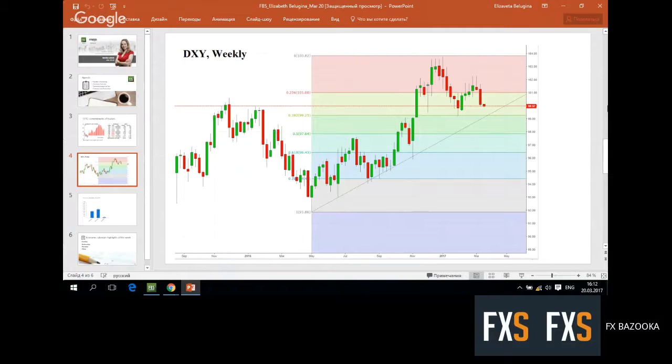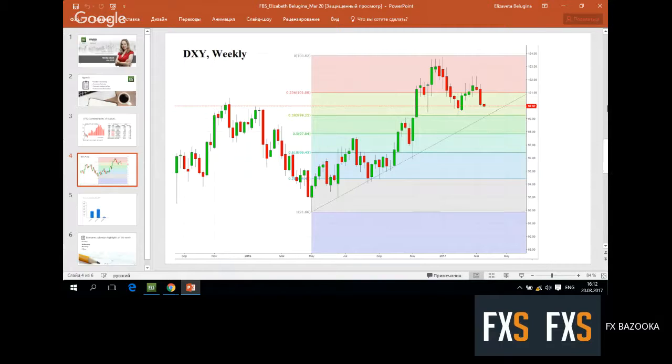I think that the speeches of the FOMC officials, which I have mentioned, will likely provide some support for the US dollar, and this is why, looking at this chart of the US dollar index, I think that the bears will have a significant obstacle in the area of 99.25, 99.